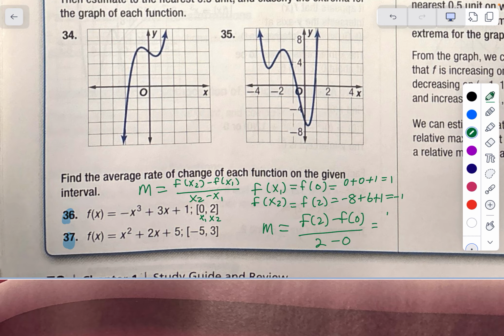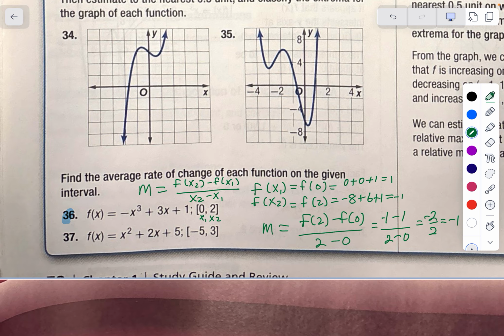So this becomes negative 1 minus 1 over 2 minus 0. So that's negative 2 over 2, or negative 1. And I don't think we have to do 37. It's the same idea. You plug in both x's, you find the y's, and then you plug them into the formula. That is a formula you definitely want to have memorized by the test.